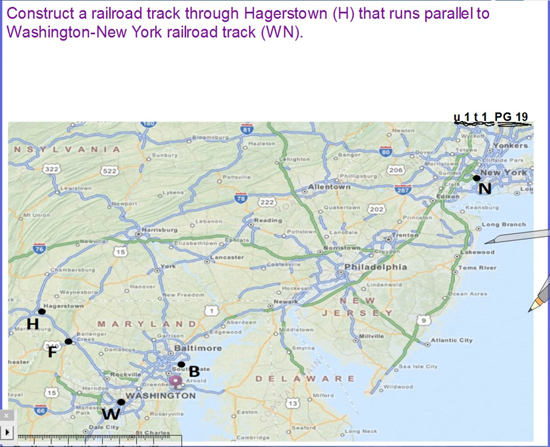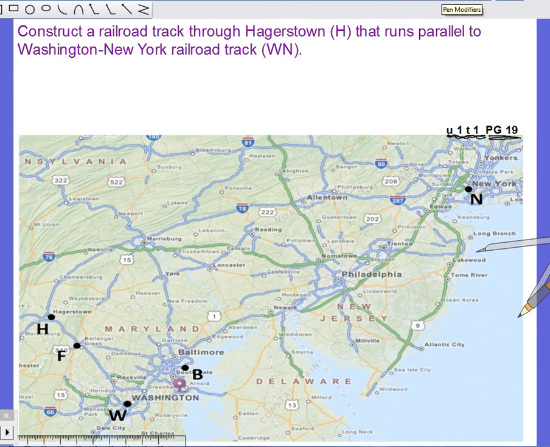Okay, so here's Hagerstown, and we need it to run parallel to the track that's WN. So I'm going to draw that line. You want to draw it with a straight edge, WN. All right, and then we want it to run parallel to that line. So we need parallel through this line, through this point. Parallel to this line, through that point.